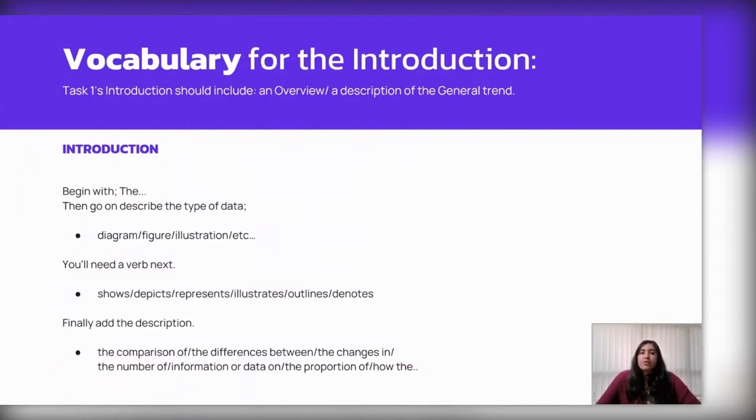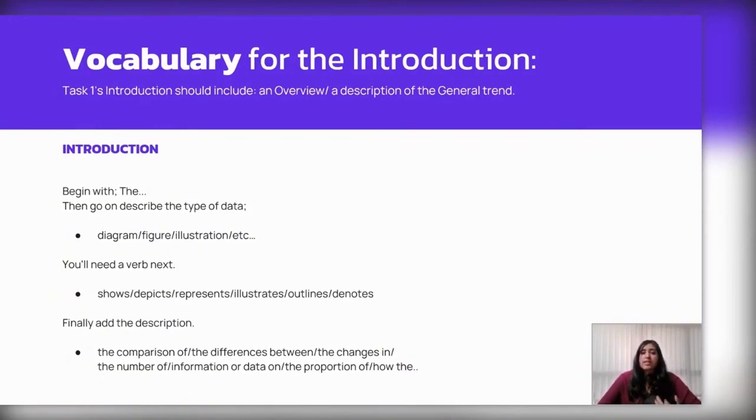Basically, the structure that you can follow is you can begin with the, pretty simple. You don't need to start with anything else. And then you can go on to describe the type of data. So you can say the diagram, the figure, the illustration, any other way of saying what's already there in the question. Now, most of the time they'll say the chart or the graph shows, right?